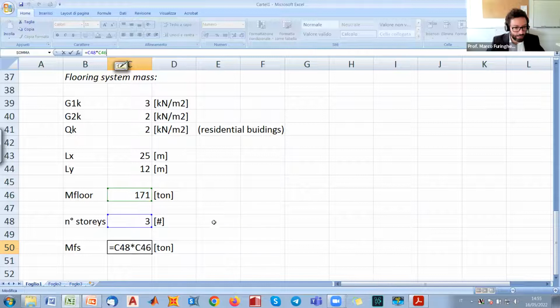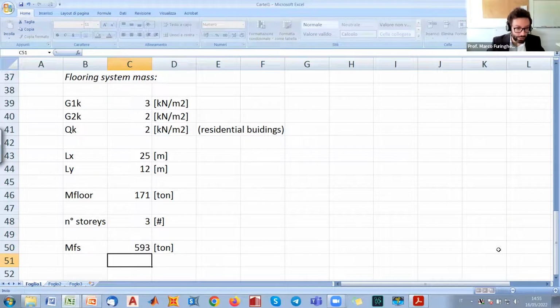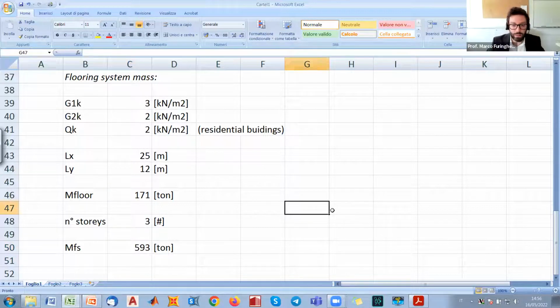This is like this, but then I have to add the following, which is again the area of the floor times G2K plus 0.3 times Q, divided by 9.81. You see that it is a very small amount, but we still need to consider it. Any questions so far?